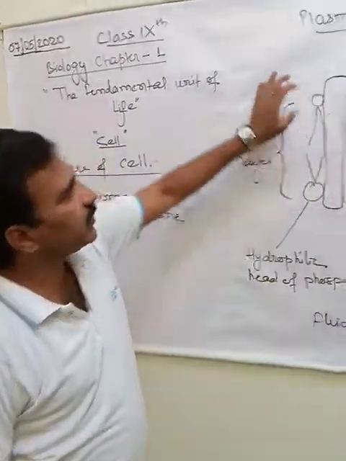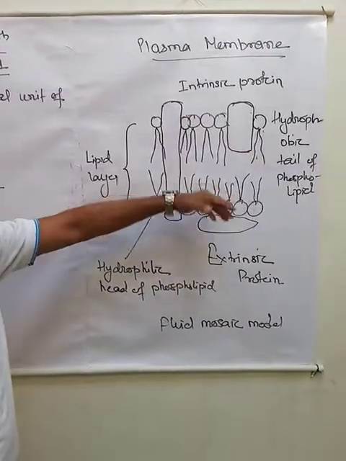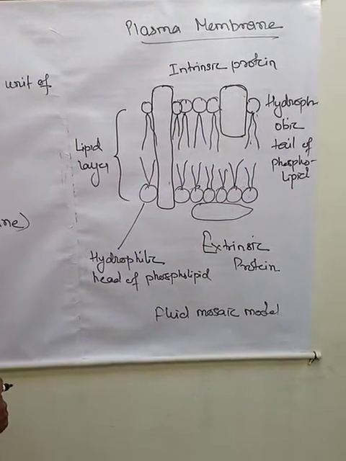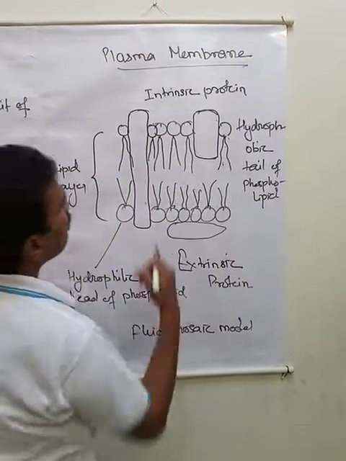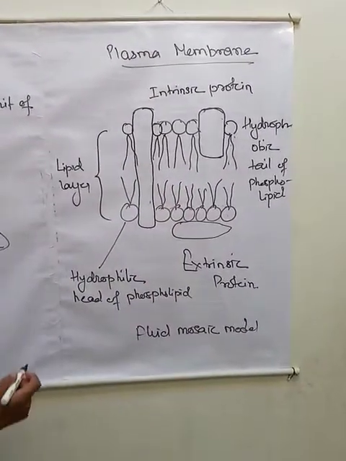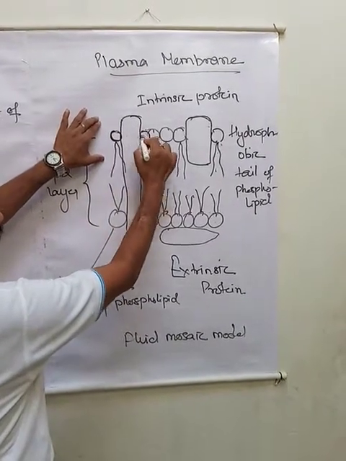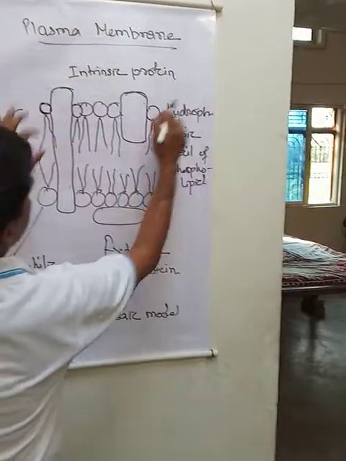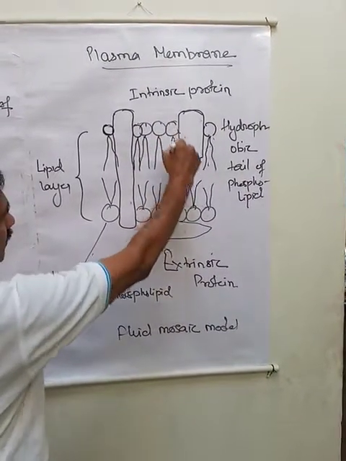So, dear students, this is the diagram of plasma membrane in cross-sectional area. If you watch carefully, you can see spherical heads from which thread-like tails are emerging.